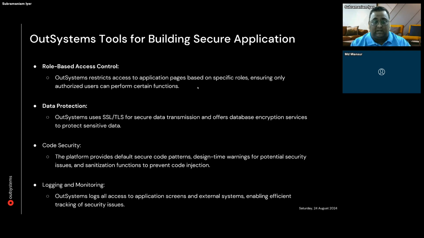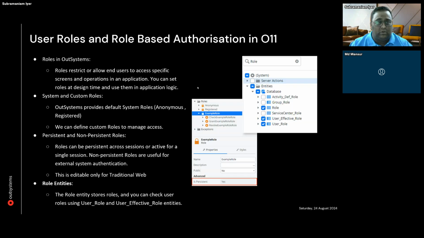OutSystems has logs for various security aspects, which allow you to identify when there was a possible attack or a breach. There are also built-in DDoS attack protections that most of us are familiar with. These are some of the tools available within OutSystems to help build secure applications for the business and for the customers. Today we're going to deep dive more into role-based access control.